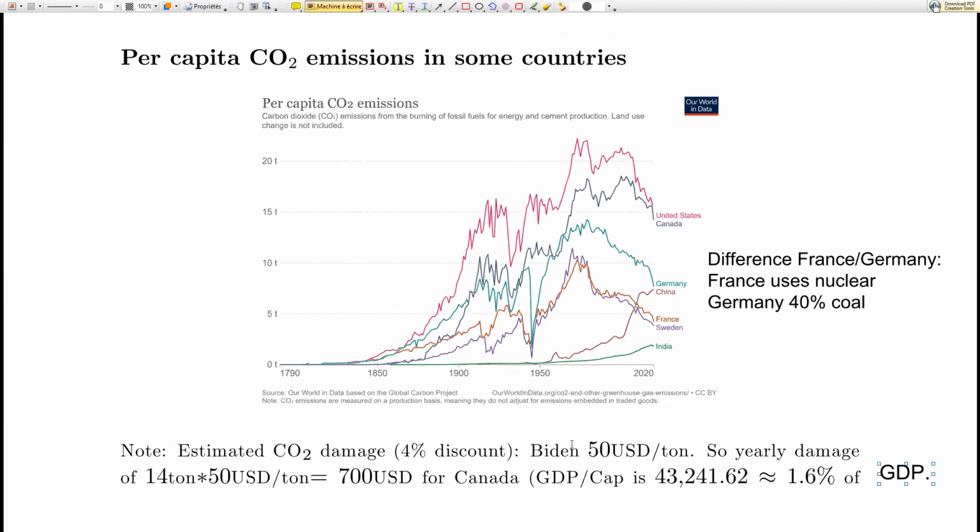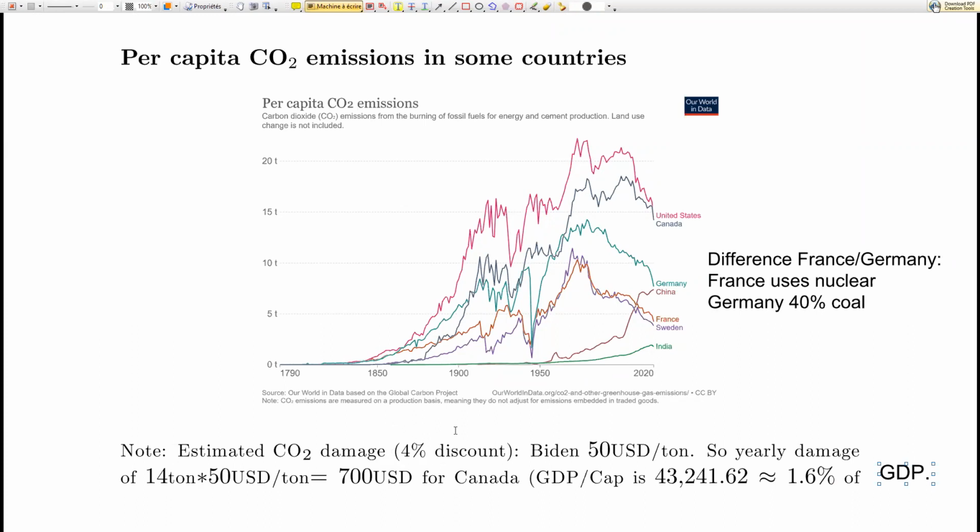The median is about $30, but the Biden administration put it at $51 per ton. That's the estimated damage this ton is going to do to the future if you assume a 4% discount rate on what's happening in the future.